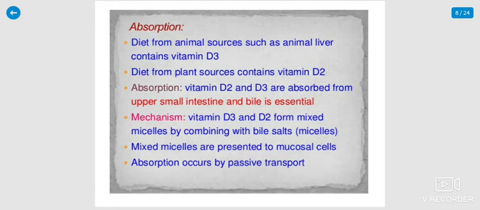The vitamin D3 and D2 form mixed micelles by combining with bile salts. Mixed micelles are presented to mucosal cells, and absorption occurs by a passive transport system.